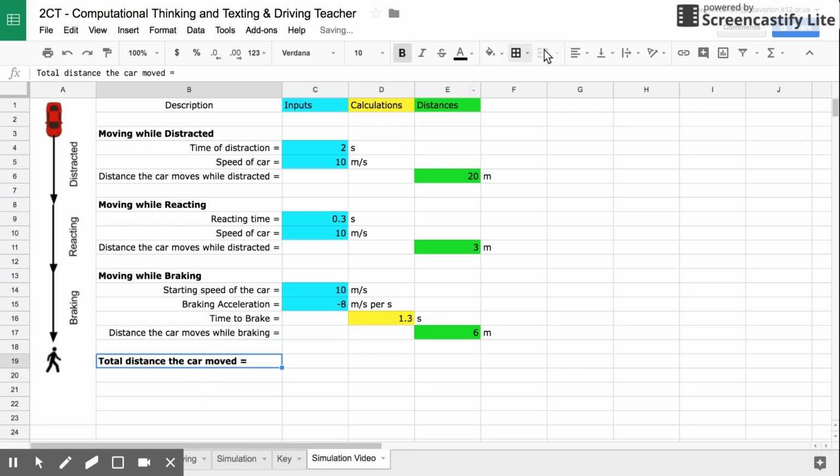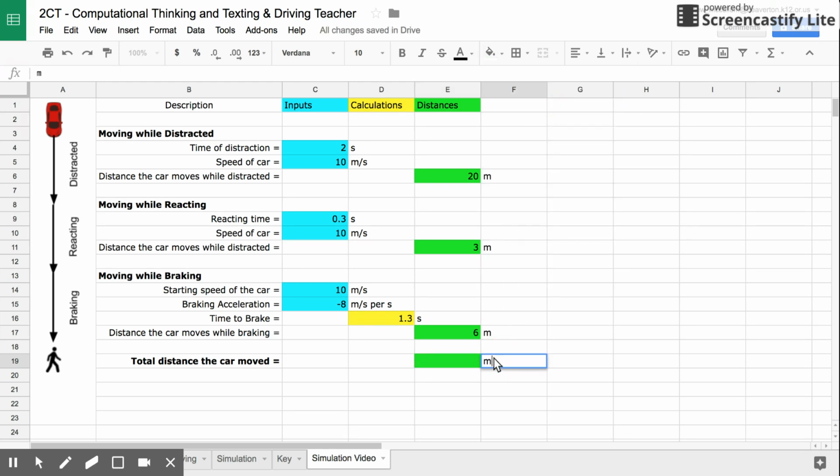So I'm going to hit control B to bold it, and we want a distance here. All right. So to get my total distance, I need to add up all my other distances together. So to do that, I'm going to say equals distance moved while distracted, E6, control shift plus this, plus E17 there. So I should have 3 values in there.